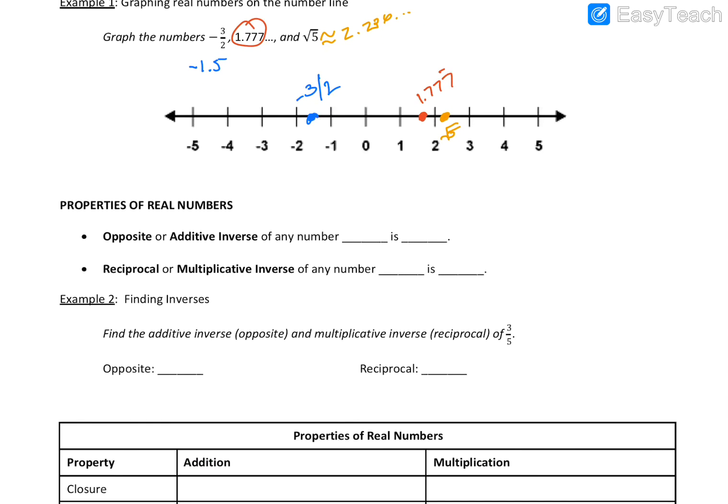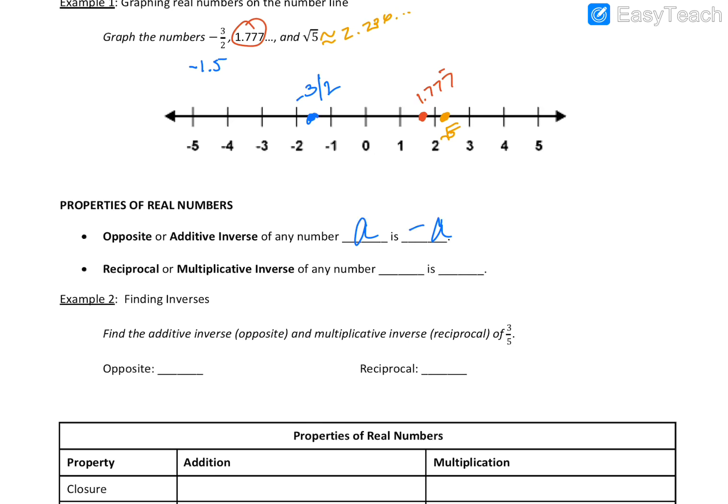The opposite or additive inverse of any number is when the sign changes. So for instance, if I'm talking about A, the opposite's going to be -A. If I was talking about 4, changing the sign would be -4. If I was talking about -10, the opposite would be +10. So you're going to change the sign when we're talking about the opposite or the additive inverse.